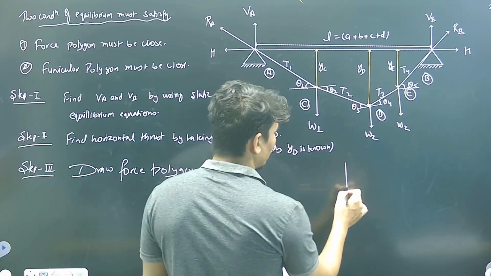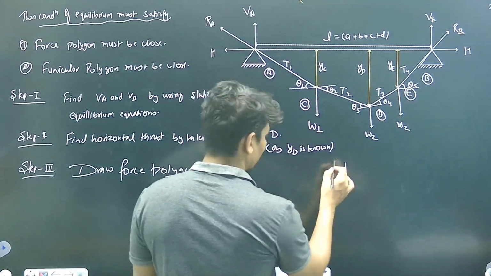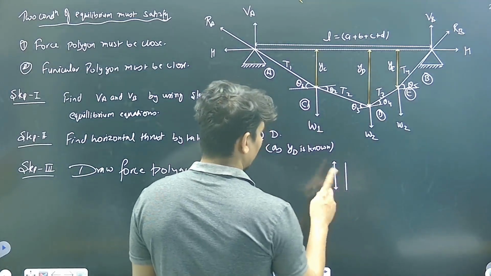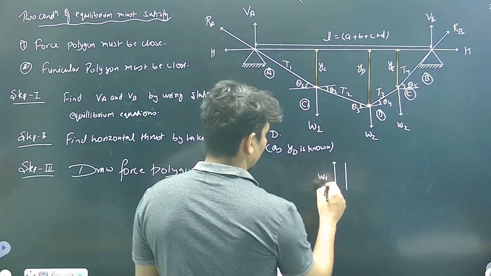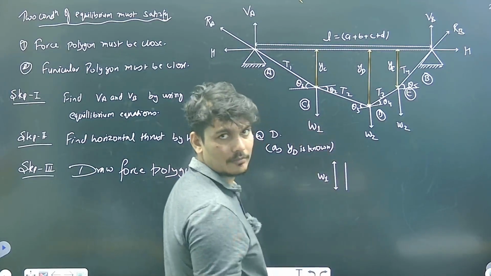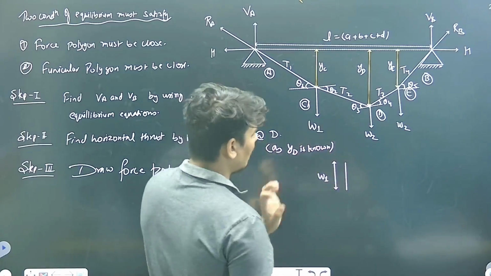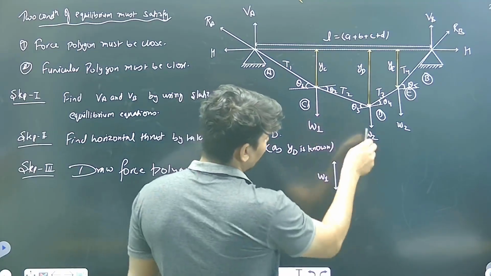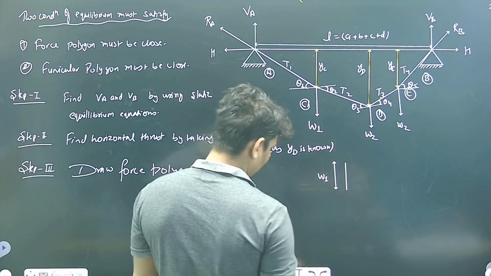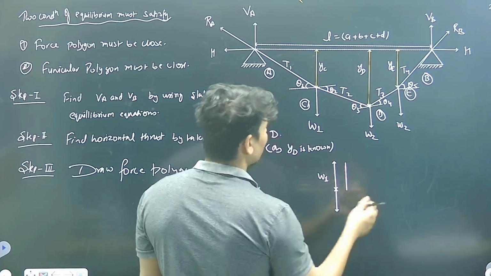Corresponding to the magnitude, suppose this is W1. Suppose a 30 kilonewton load is applied. So I am drawing a 3 centimeter line, with 1 centimeter indicating a 10 kilonewton load. So this is W1. Then next W2, drawn depending upon the magnitude.